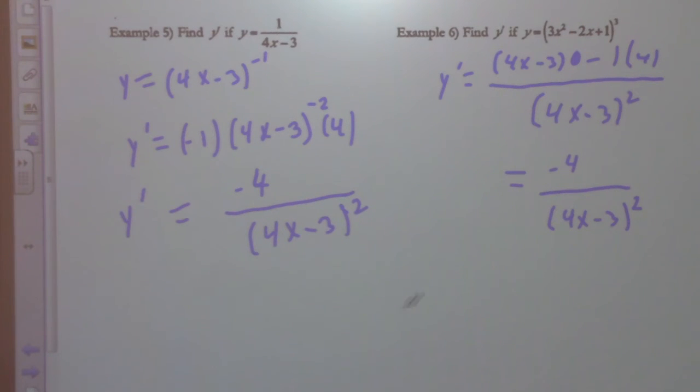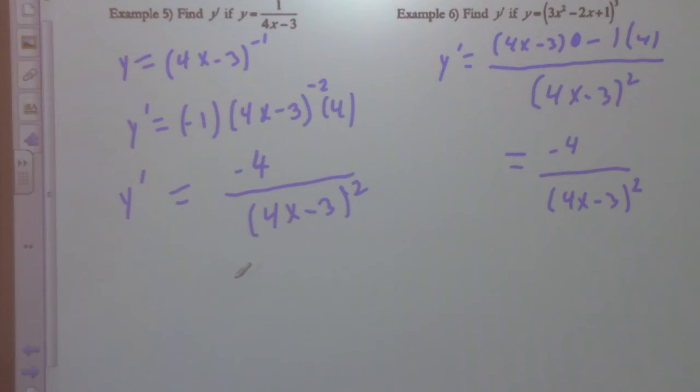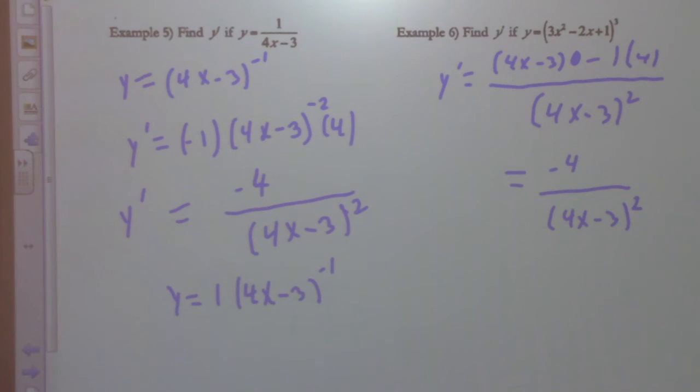What you have is a product of two functions, 1 times (4x - 3) to the negative 1 power, and it ends up doing the same thing. Okay?